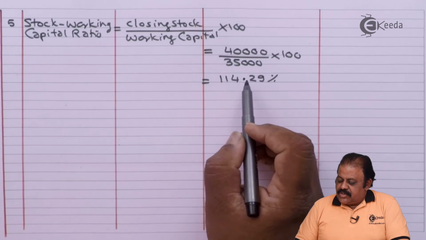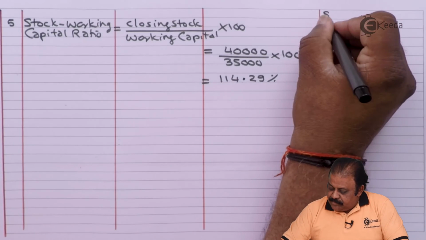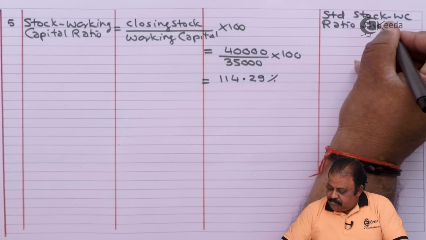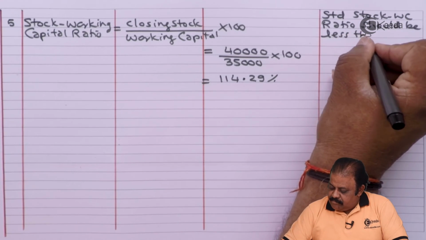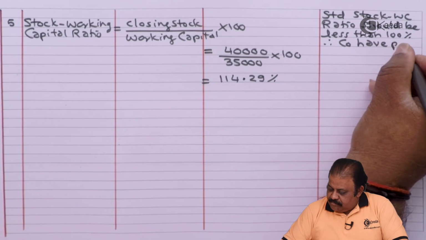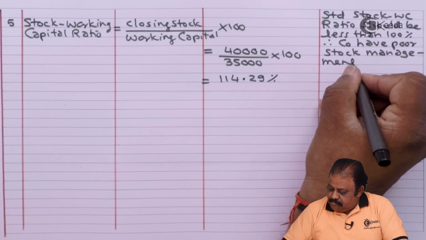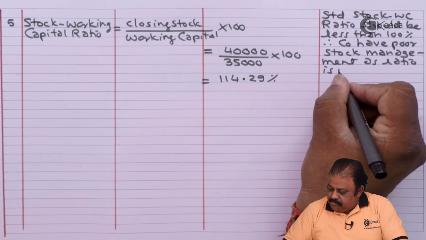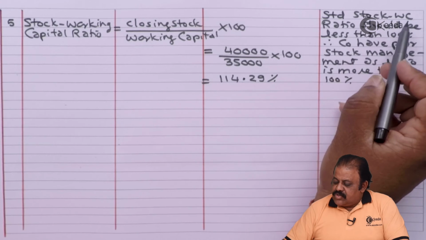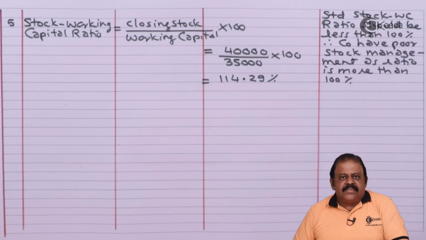Stock working capital ratio is 114.29%. Standard stock working capital ratio should be less than 100%.